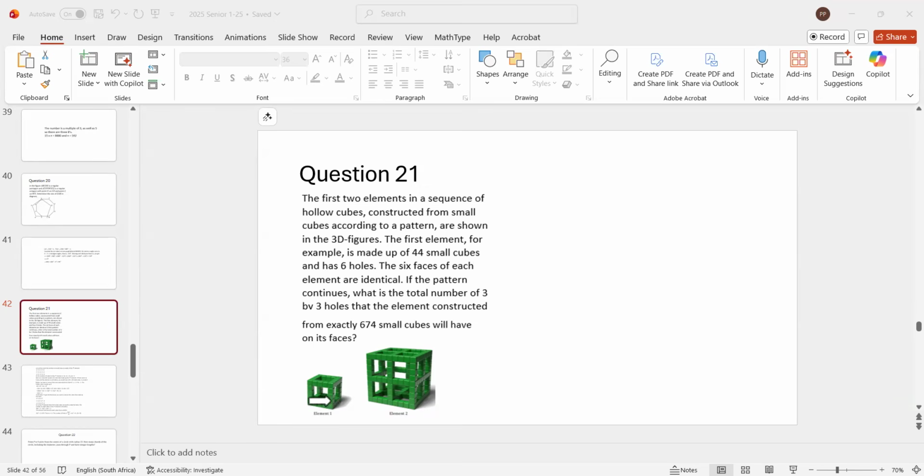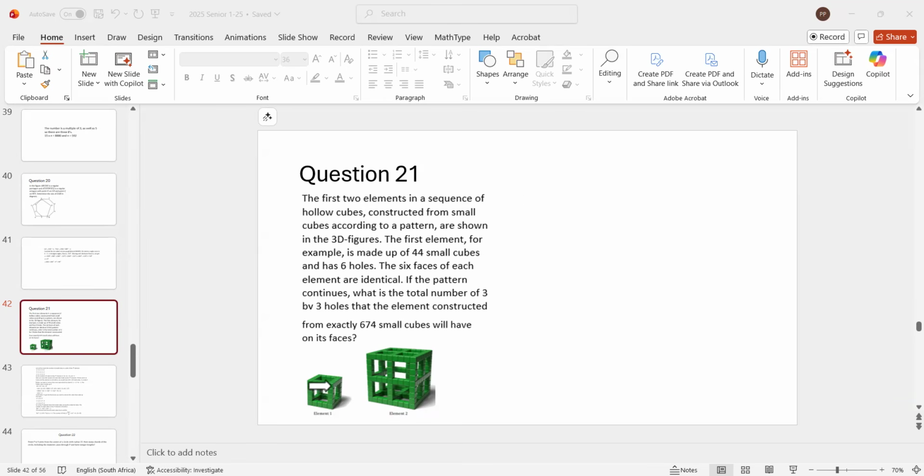So these little holes here, in this case, it's got three. One, two, three. One, two, three. It's 3 by 3 hole here. And the 6 faces of the cubes each have got 3 by 3 holes.